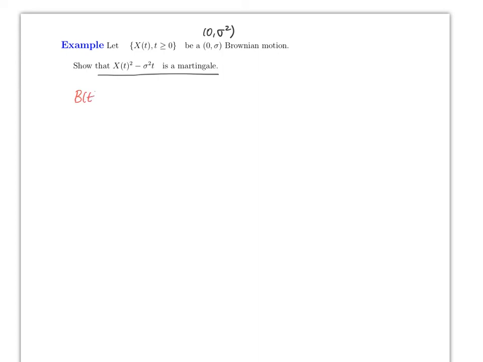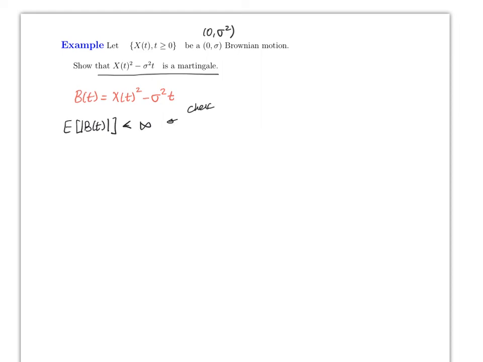So let's say that bt is equal to xt squared minus sigma squared t. And what we want to show is that the expected value of bt in absolute value is finite. Again, this is kind of obvious, but you should still check it.